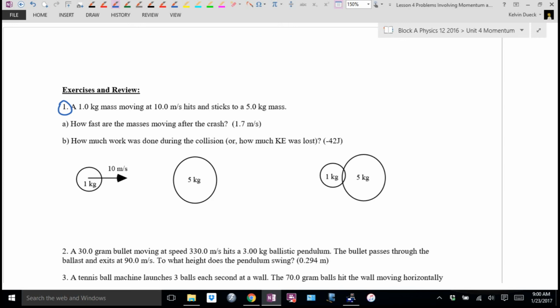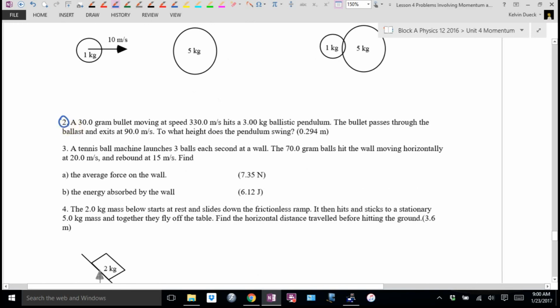I think in my method you'll probably get a positive answer. If you solve it in terms of the work energy theorem by going work equals the change in kinetic plus the change in potential, then you'll actually get a negative answer. But if you want to, that's how much work was done, negative 42 joules. You lost 42 joules. If you want to figure out how much kinetic energy was lost, you lost positive 42 joules. So number 1.